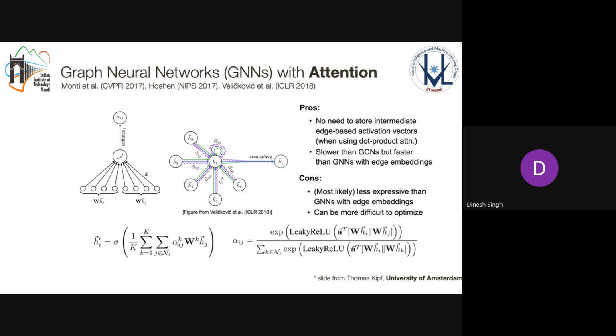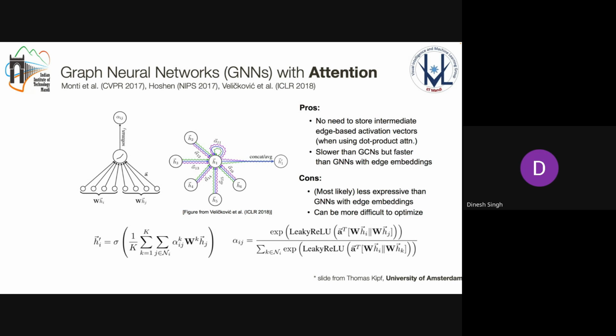This way we learn not only the features of the node but also the importance of the link with each neighbor, directly incorporating it. So we learn the attention on the edges, and finally the final features are also learned with that attention.